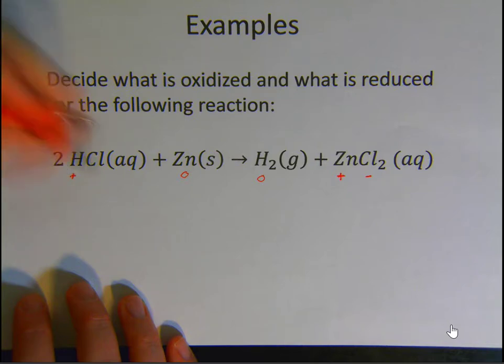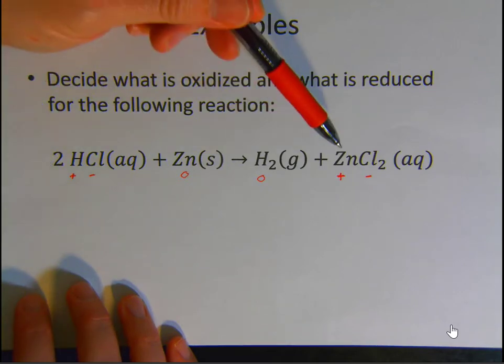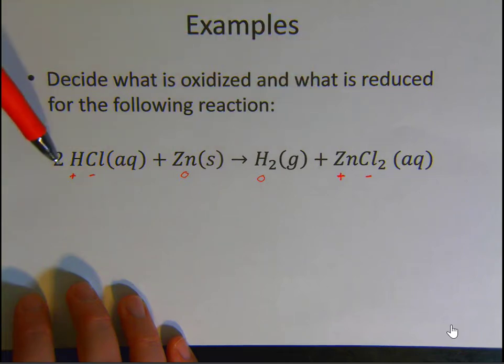If that's a plus, this one is a minus. So not exactly an ionic compound, but the same principle applies that we had over here. So something with fewer electrons, something with more electrons than when they were by themselves.